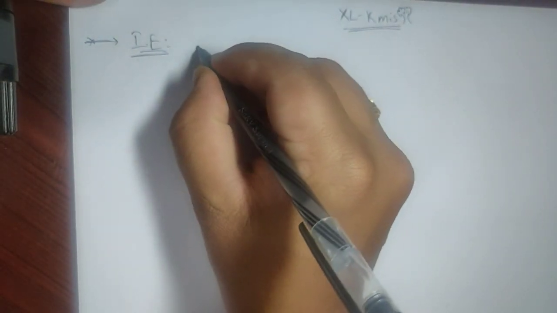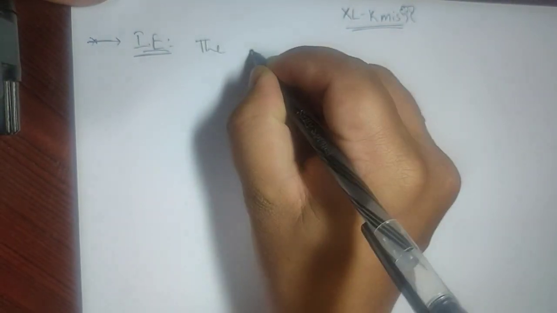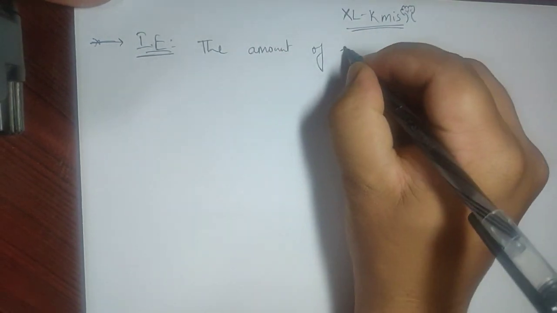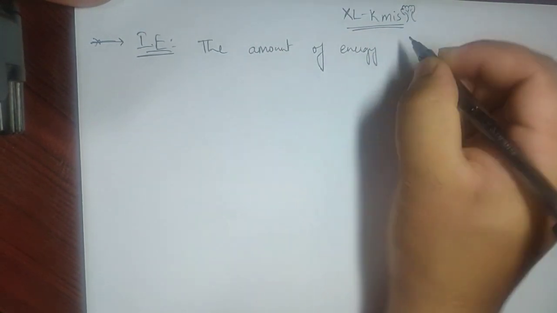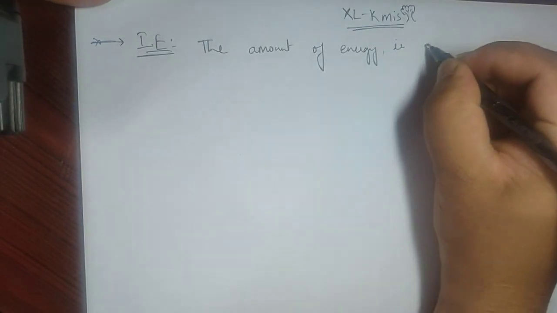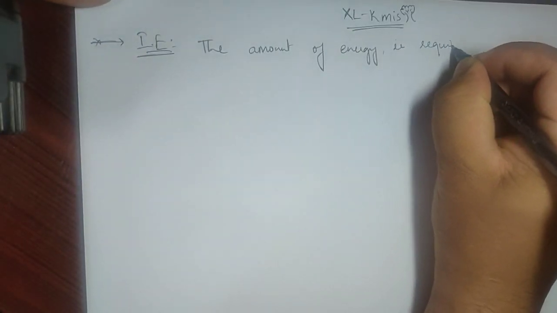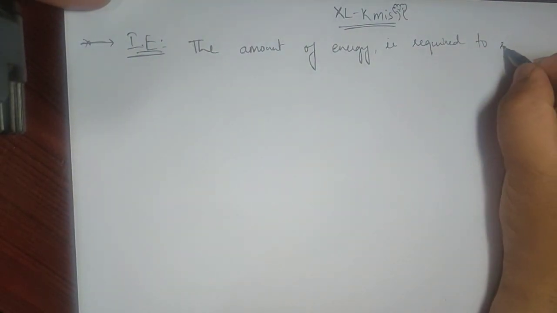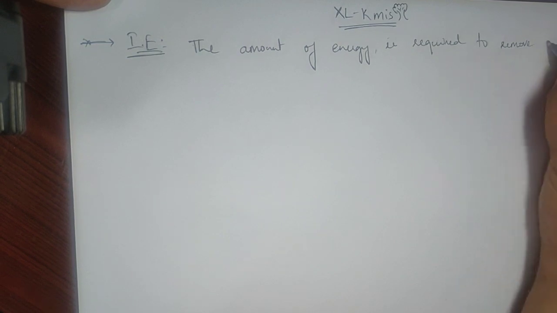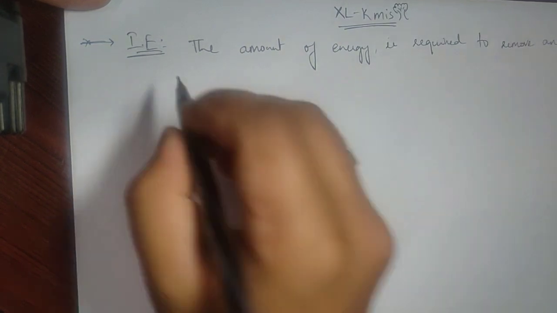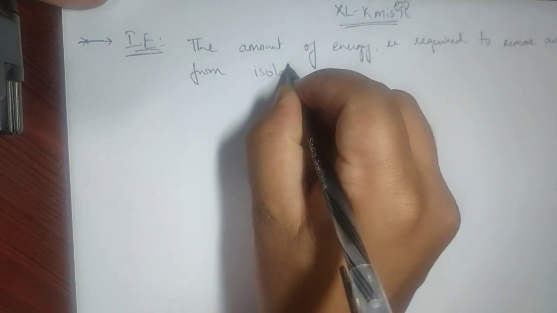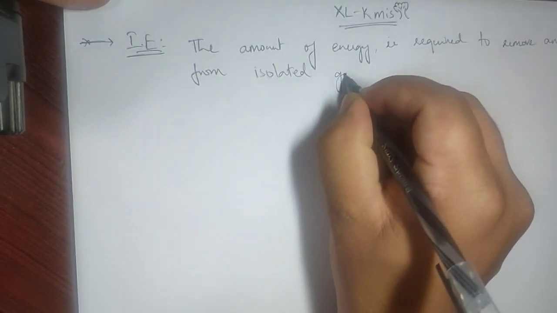So by definition, what is ionization energy? The amount of energy that is required to remove an electron from an isolated gaseous atom.